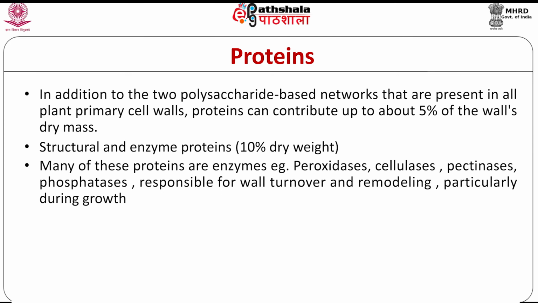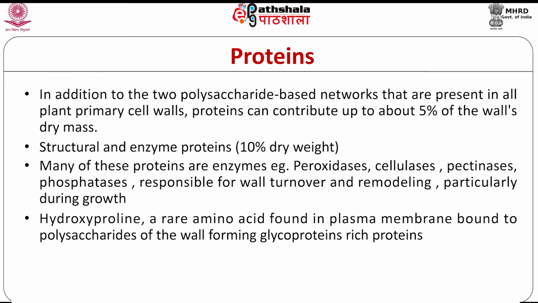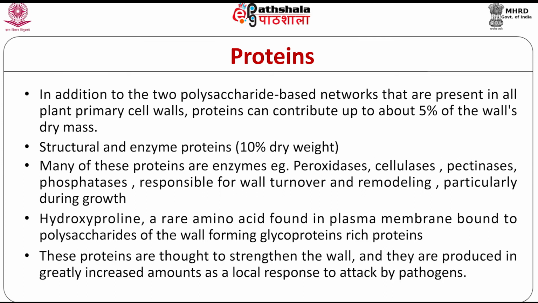Many of these proteins are enzymes, for example peroxidase, cellulase, pectinase, phosphatase, responsible for wall turnover and remodeling, particularly during growth. Hydroxyproline, a rare amino acid found in the plasma membrane, is bound to polysaccharides of the cell wall forming glycoproteins, a rich protein. These proteins are thought to strengthen the cell wall and they are produced in greatly increased amounts as a local response to attack by pathogens.